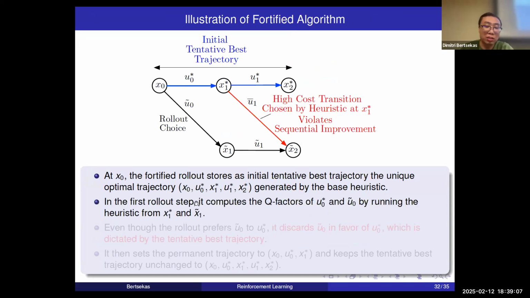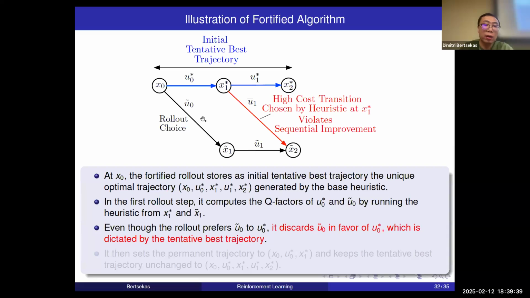And in the first rollout step, it computes the Q factors corresponding to U0 star and U0 tilde by running from x1 star and x1 tilde, respectively. And as we mentioned earlier, the rollout is going to select this one with smaller Q factor. And if using standard rollout, it's going to deviate from the optimal trajectory and apply U0 tilde.